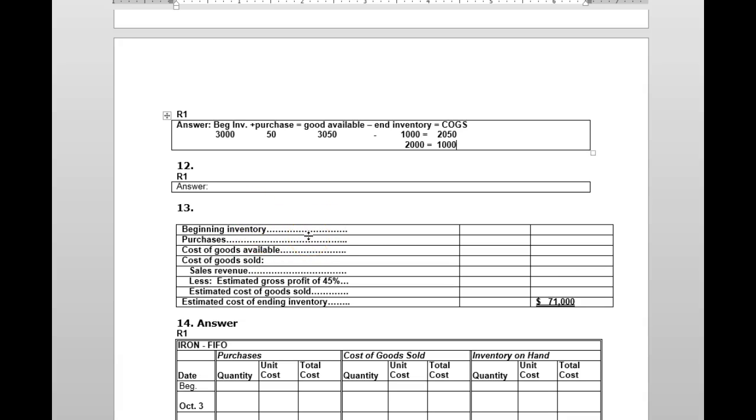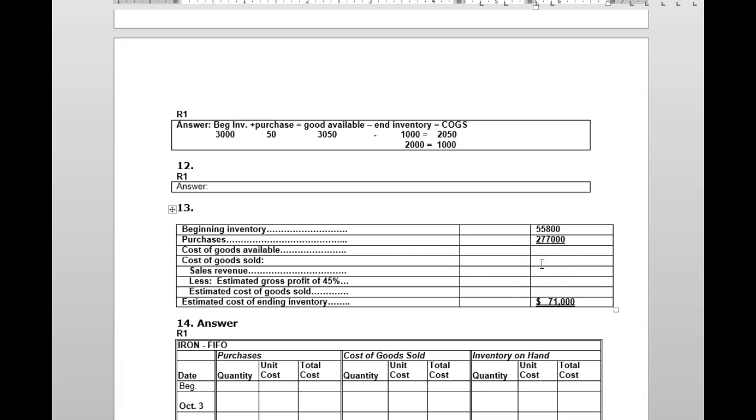So what was your beginning inventory? You would put it here, your purchases, your cost of goods available, that gives you your cost of goods sold. So you've got beginning inventory, 55,800. They have purchases of 277,000. And then you would add that to get your goods available.